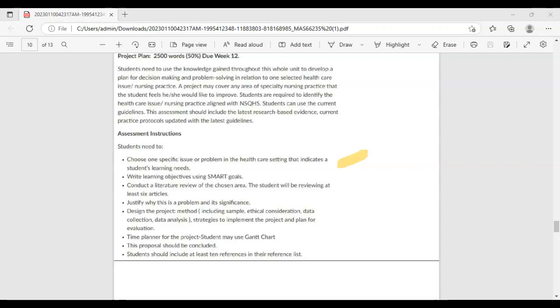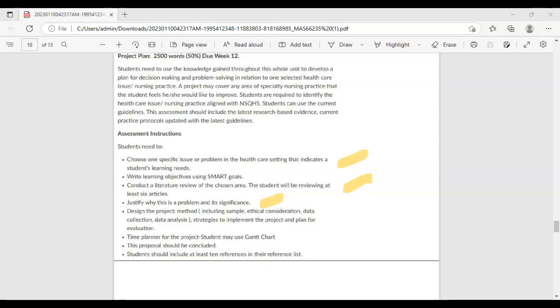After that, we provide a literature review on why it is a problem and how we are going to resolve it. Then comes the significance: why we are selecting a clinical issue, why we are discussing it right now, is the main key factor we have to enlist while highlighting the significance.